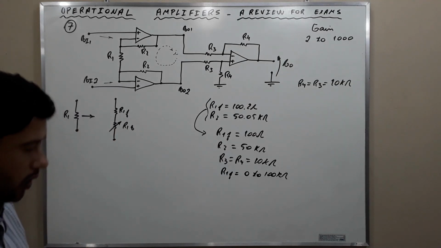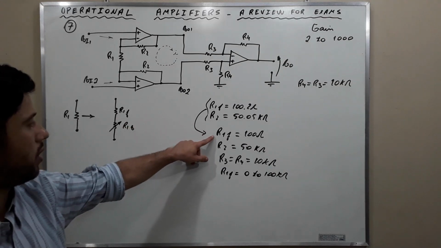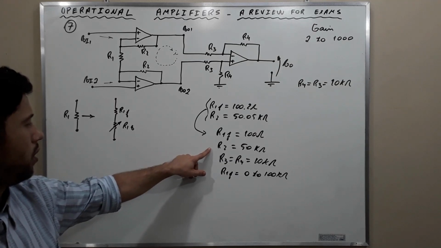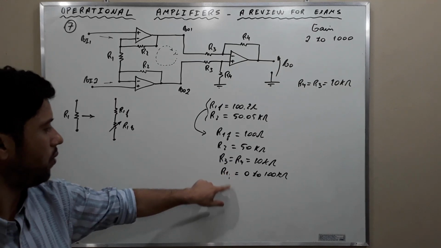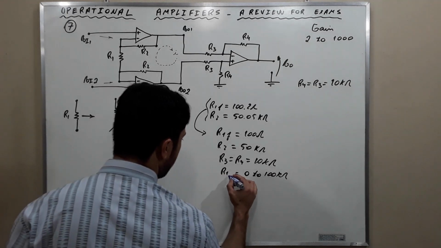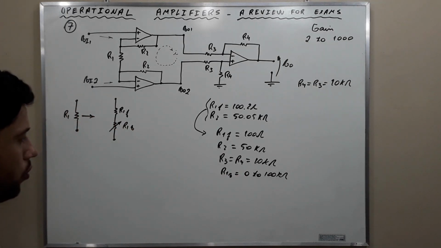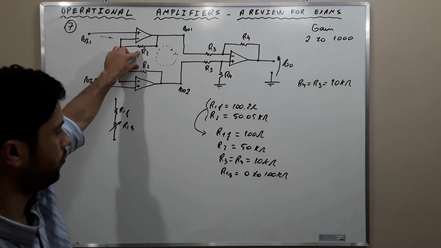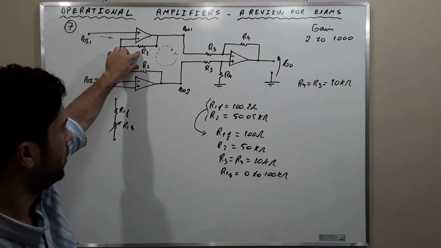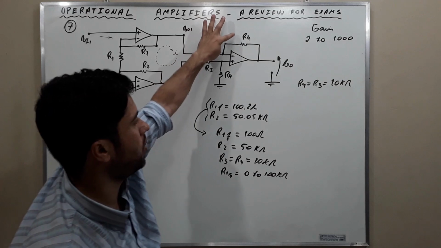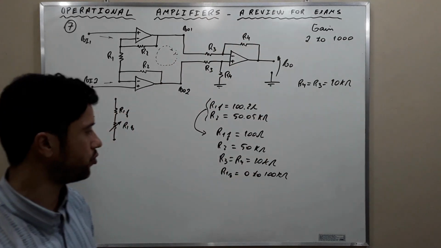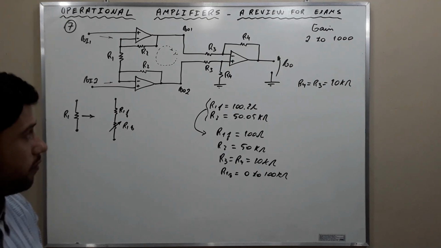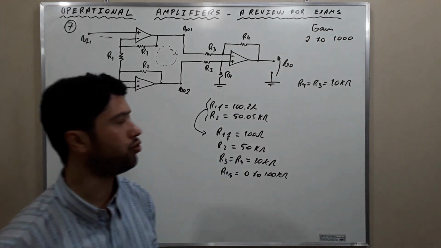In this way, using R1F 100 ohms, R1V 0 to 100 kilo ohms, R2 50 kilo ohms, and R3 equal to R4 equal to 10 kilo ohms, we can construct an amplifier whose gain varies from 2 to 1,000.